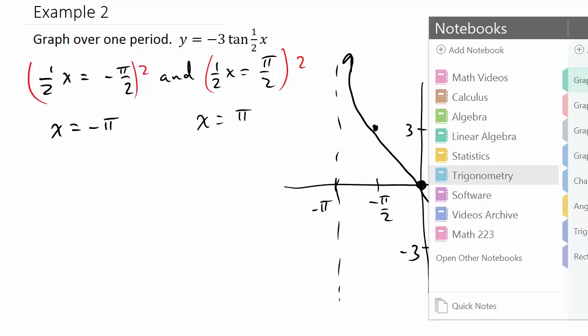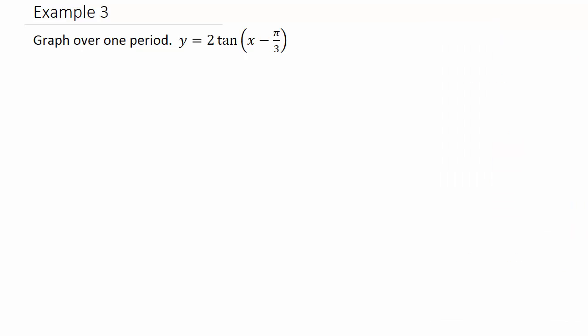Alright, let's take a look at another one. Alright, so here we go. I'm going to take the x minus pi/3, whatever you're taking the tangent of, and we're going to set it equal to -pi/2, and x minus pi/3 is equal to +pi/2.